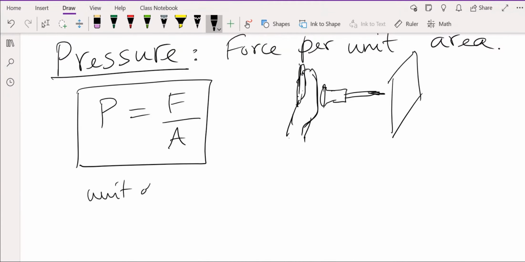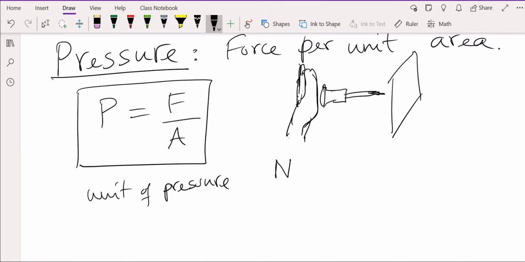Unit of pressure. Pressure is force upon area. Now what is the unit of force? Newton. And what's the unit of area? Right, Aiden?